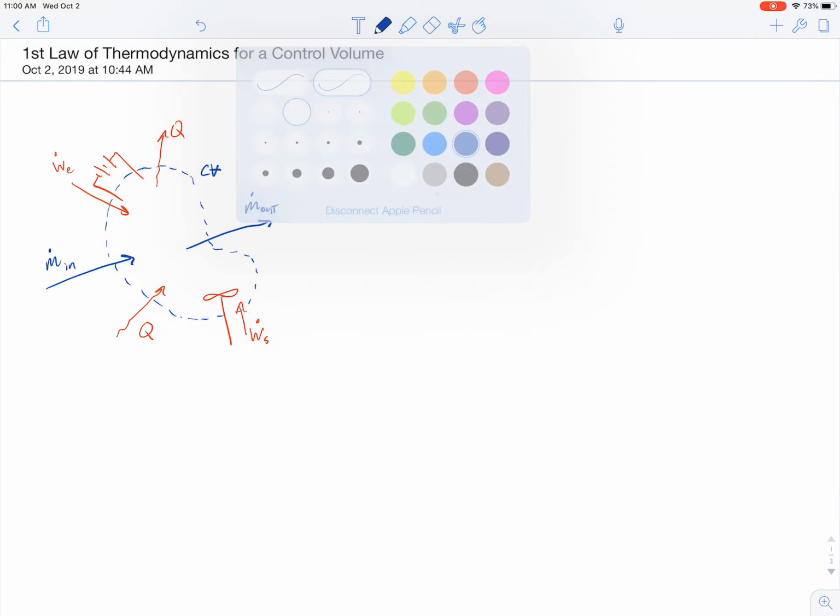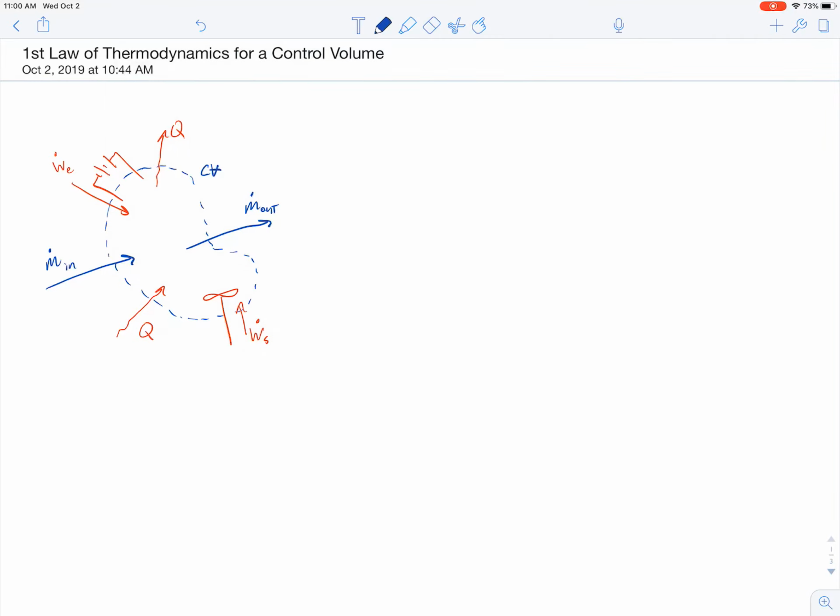Regardless of all of those things, we know that energy is conserved. That's one of our first principles here, and this is very much an accounting problem. We're accounting for energy.